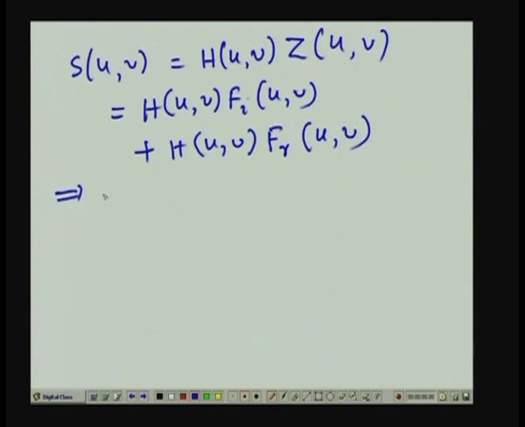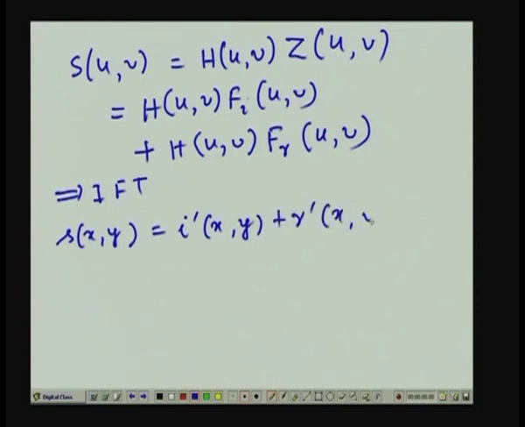Now, taking the inverse Fourier transform, I get s(x,y) equal to I'(x,y) plus R'(x,y).